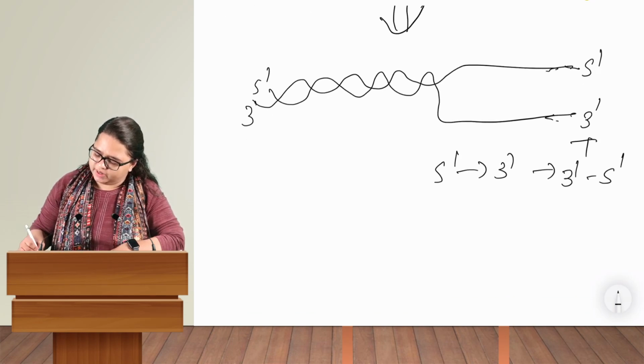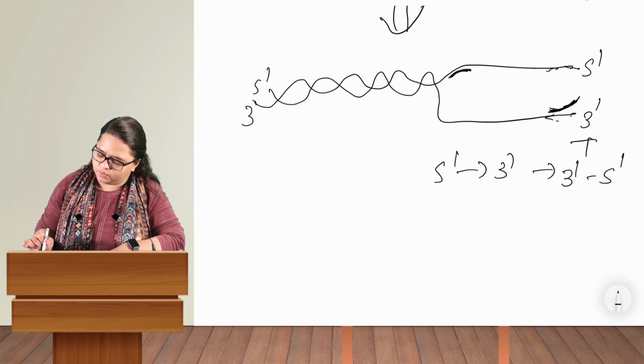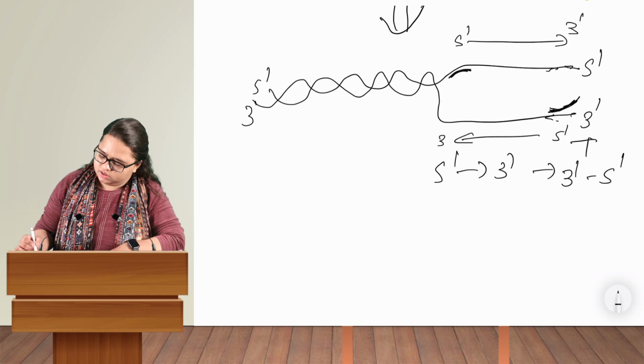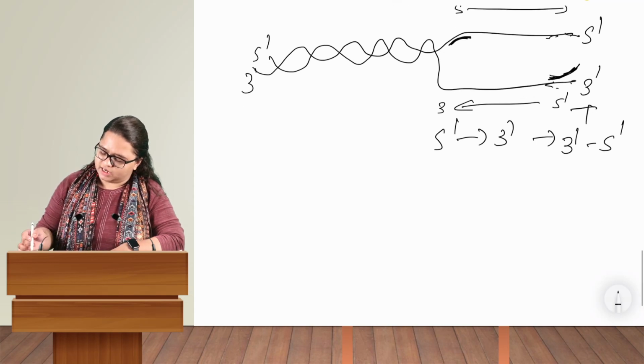So the primer will bind over here in this template strand, and in the above template strand the primer will bind here. Why? Because here the replication will take place 5 dash to 3 dash in this direction, but over here replication will take place in 5 dash to 3 dash direction opposite to that template.